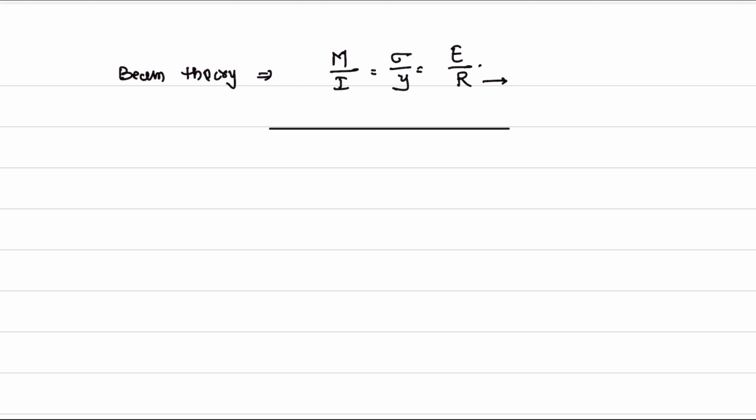Here this is the beam given, this is the load P, this is B, this distance is A, the total distance is L. Initially let us find out the SFD.